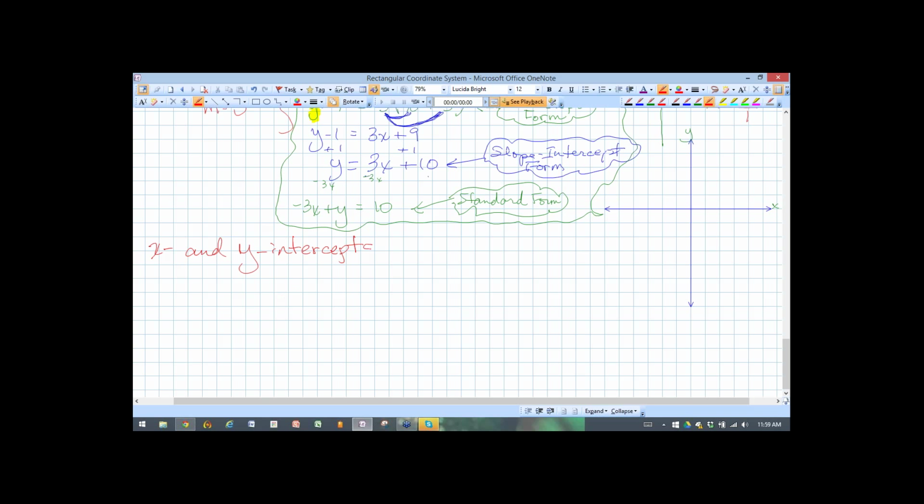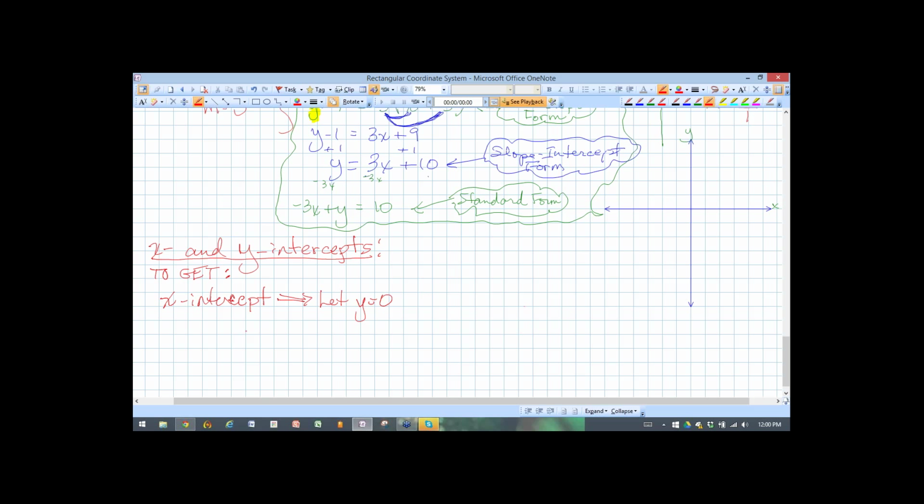To get the x-intercept, this is so easy to remember: you let the opposite variable equal 0. So to get the x-intercept, let y equal 0 and solve for x. You'll plug a 0 in for y, wherever the y is.